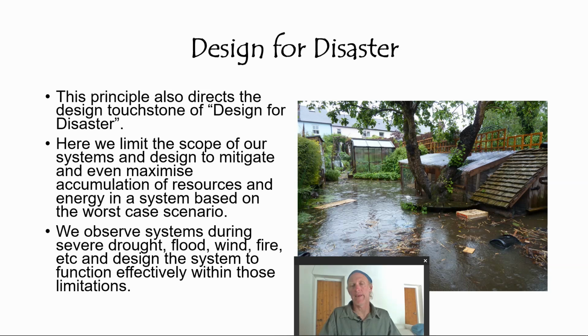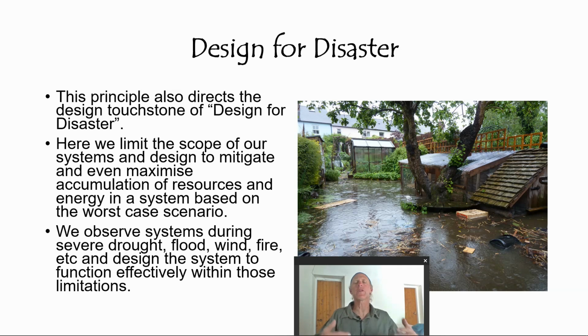In every context, it doesn't matter where you are, there are disaster potentials. Some environments have earthquakes, some have tornadoes, others have floods, others have serious droughts, others have volcanic eruptions. It doesn't matter where you are, natural disasters are part and parcel of life, and we need to design for them because those are the limiting aspects of our designs.